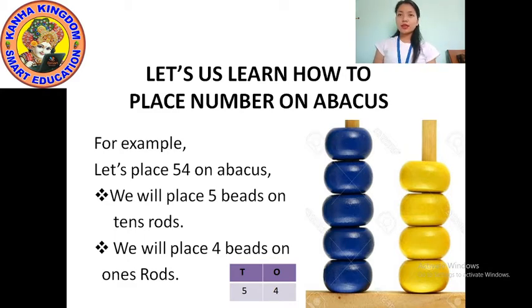Let's place 54 on a place value chart, with ones and tens. See, 4 is in the ones place and 5 is in the tens place.